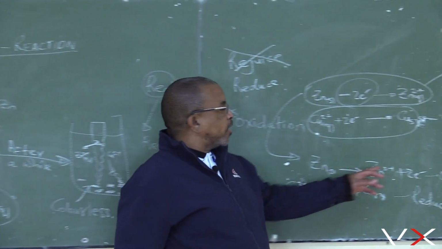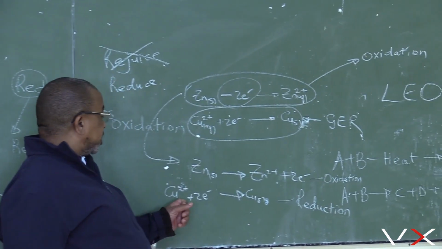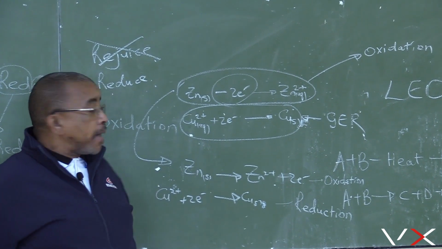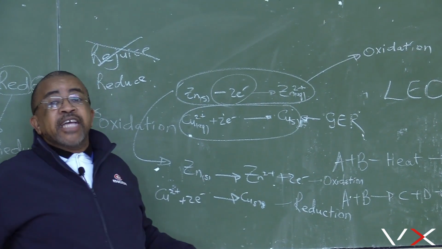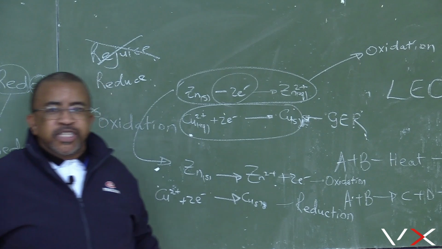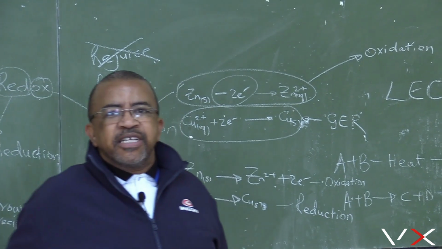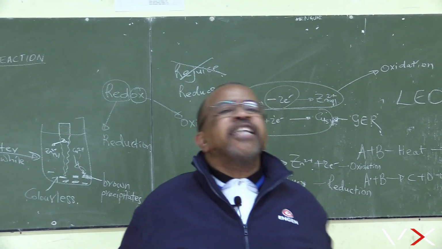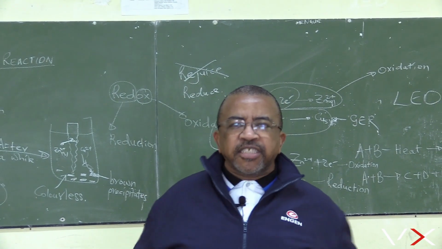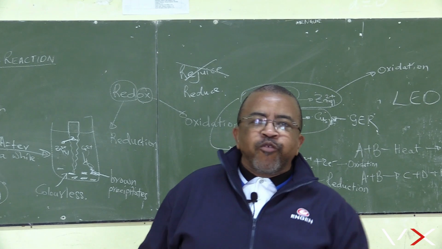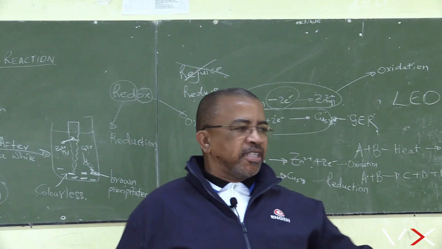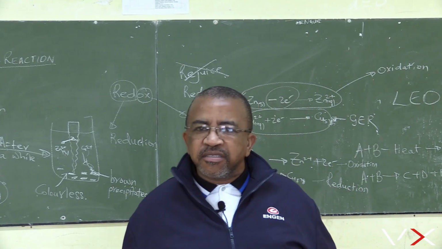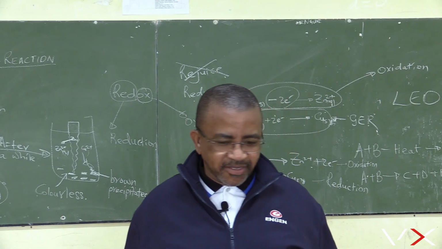Zinc, as it undergoes oxidation, reduces copper 2+ to copper. A reducing agent is that element that undergoes oxidation. It's an agent that brings about reduction by its action of losing electrons, causing the other one to undergo reduction. That is a reducing agent.